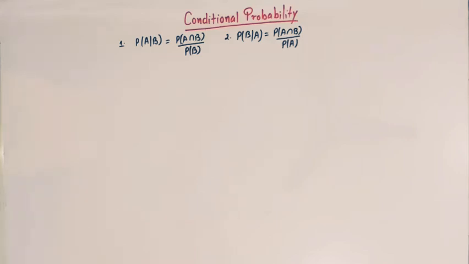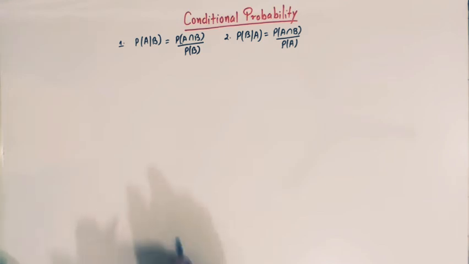Hello viewers. So in today's class we are going to take up some important problems on conditional probability, right? So here I have written two formulas related to conditional probability, and we'll use these two results in solving the problems, right?